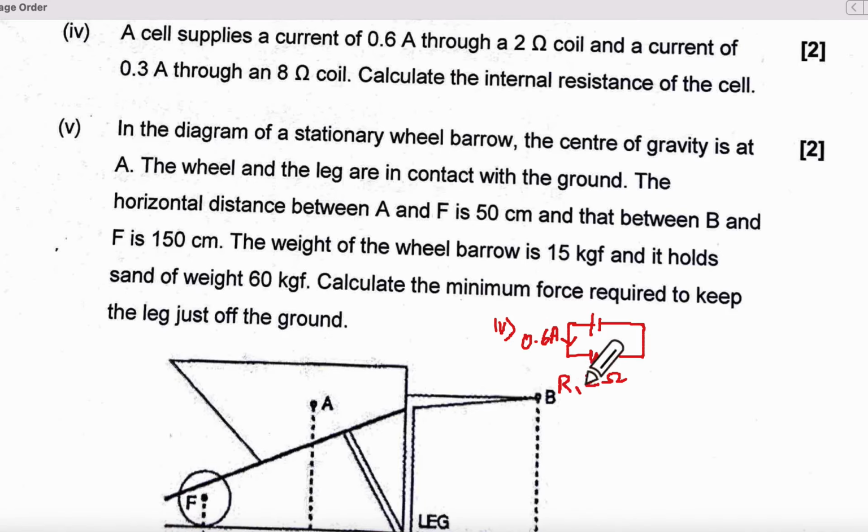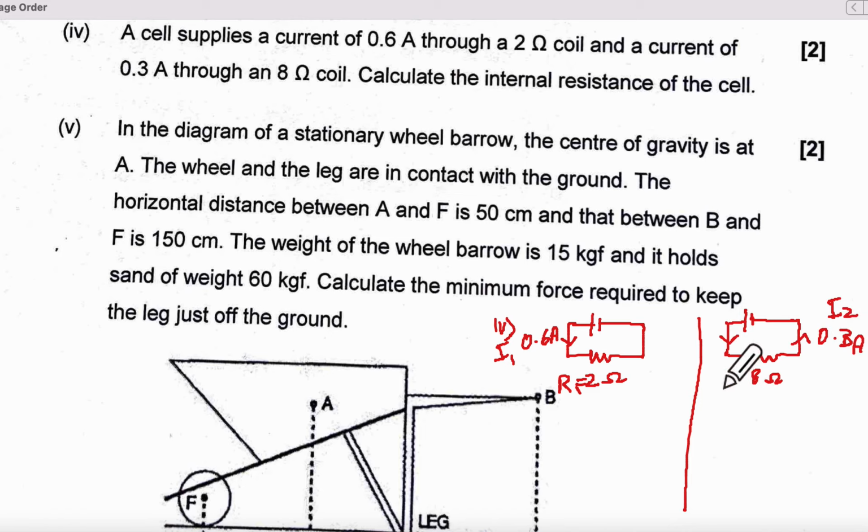So let us call this R1 and this I1. And here we'll do exactly the same thing. This is 8 ohm and the current over here is 0.3 ampere. Okay, this will be your I2 and this will be your R2.